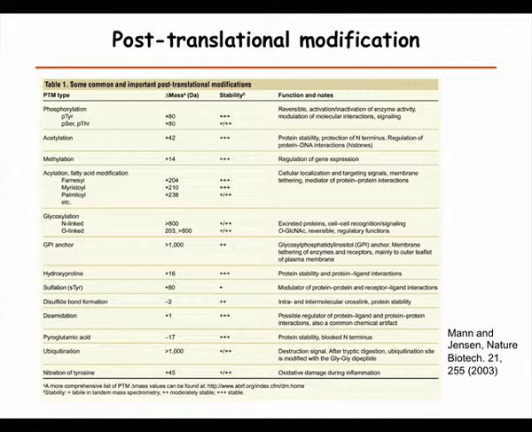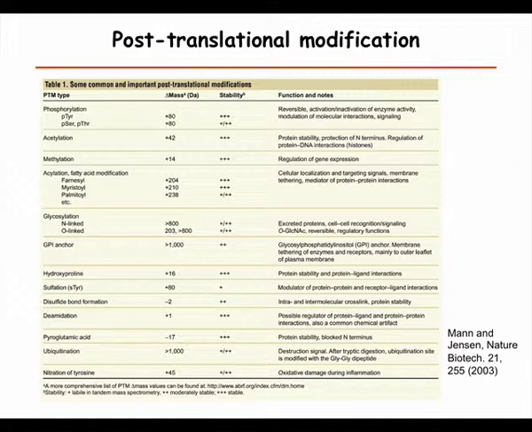This just shows a summary of some of the more common ones. And there is a whole set of modifications. Glycosylations could be very interesting, but actually haven't been studied very extensively so far.